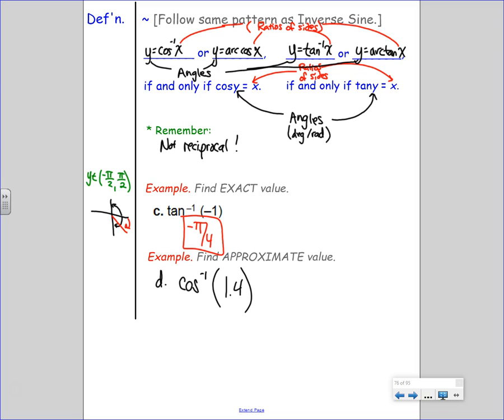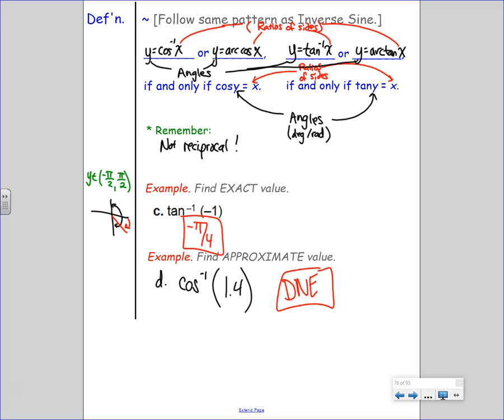The answer is DNE. Why is it DNE? Cosine can never be bigger than 1 and never be lower than negative 1. Good. Look at you guys. I had you going for a while. Those of you that figured it out before I said it, good job. Cosine cannot be bigger than 1 or negative 1.